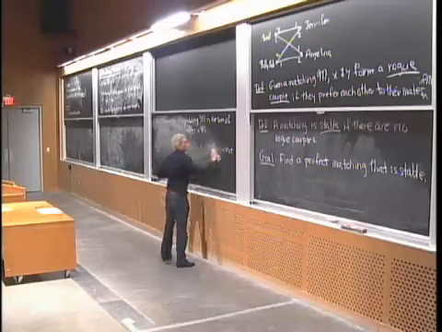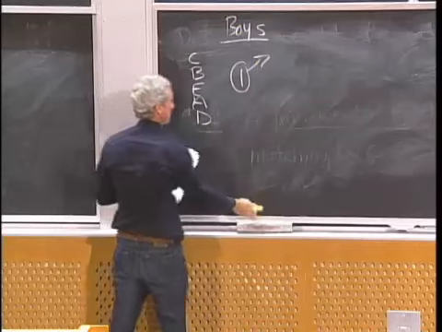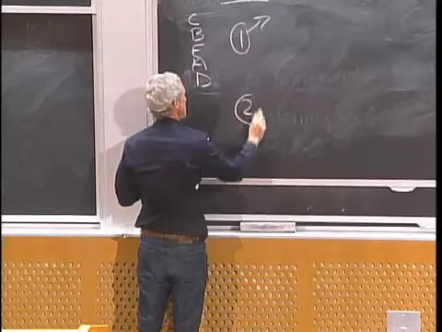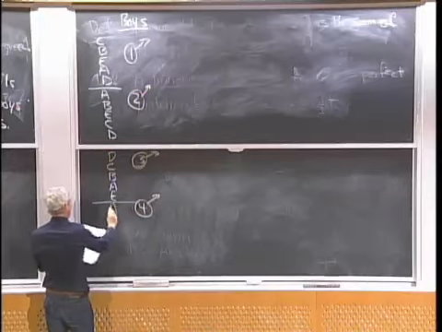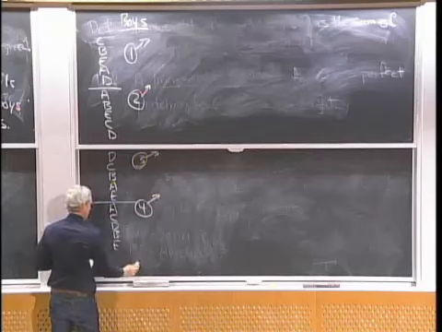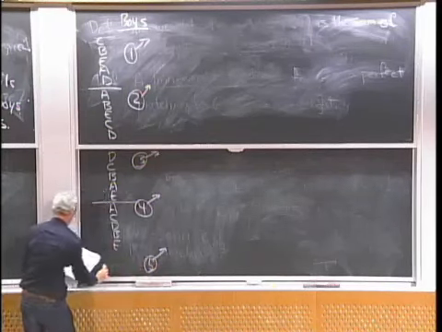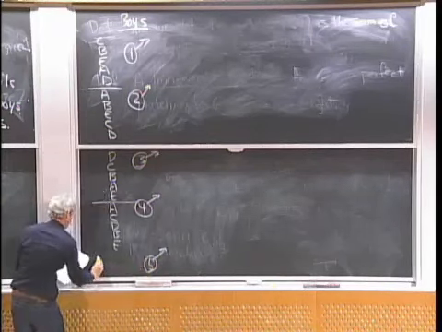His preference list is going to be the girls C, B, E, A, D. And boy 2 is going to have the preference list A, B, E, C, D. Then boy 3 is going to have D, C, B, A, E. Boy 4 is going to be A, C, D, B, E. And boy 5, I'm going to have to write his across like this: A, B, D, E, C.